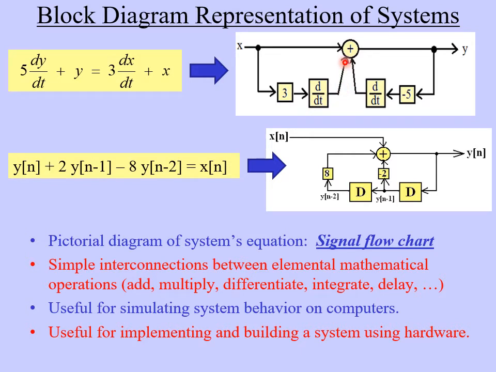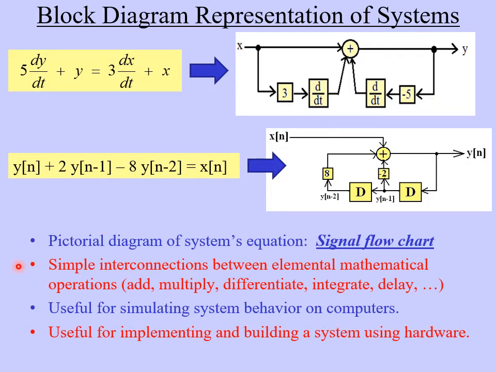So we can use the diagram to see how the signals flow throughout the system. Notice that oftentimes the output, over here, will be sent back into the system as a feedback type of loop.